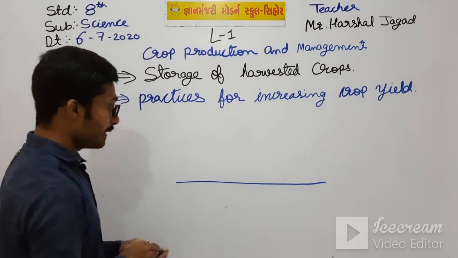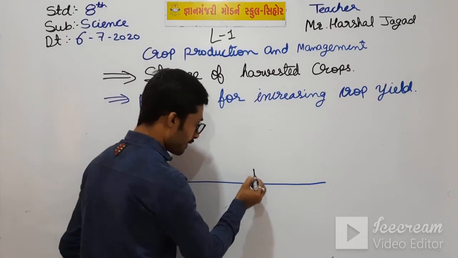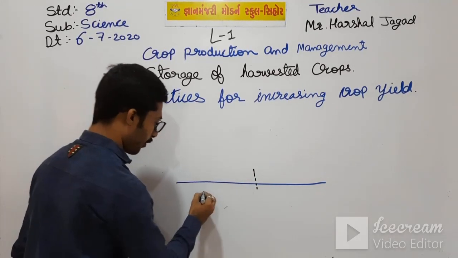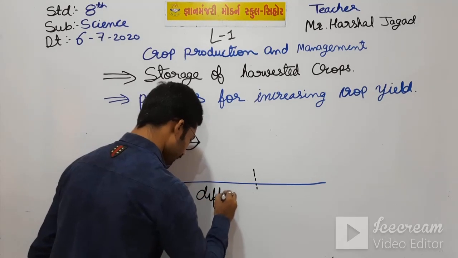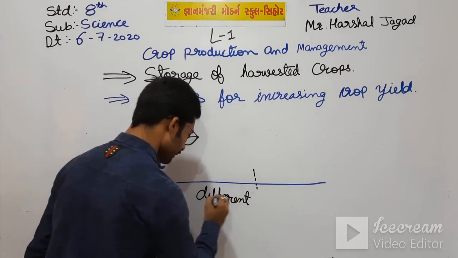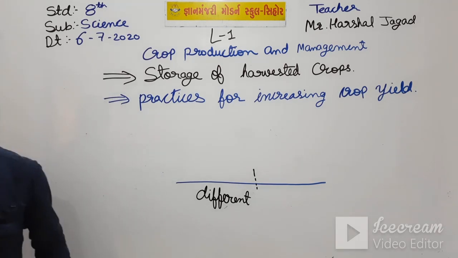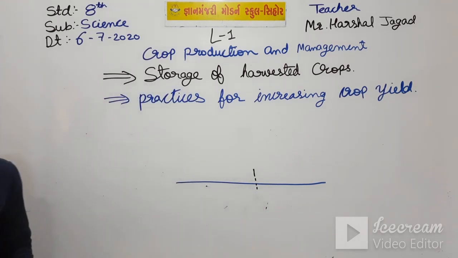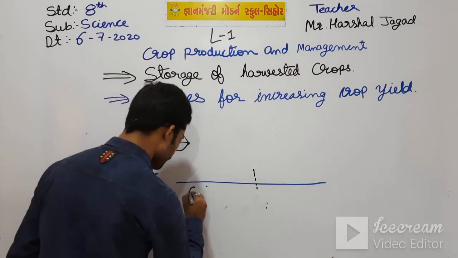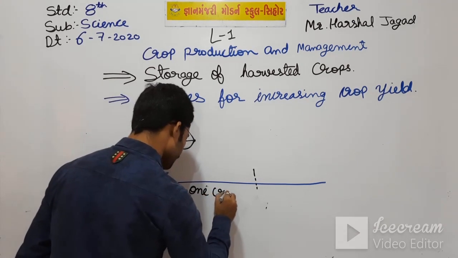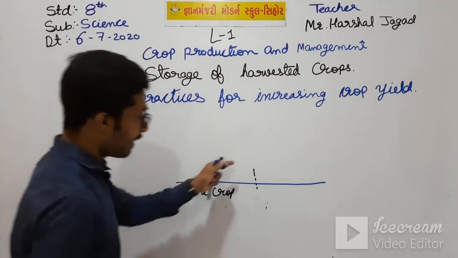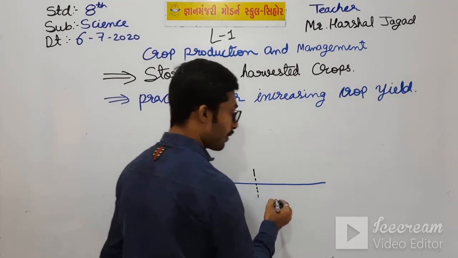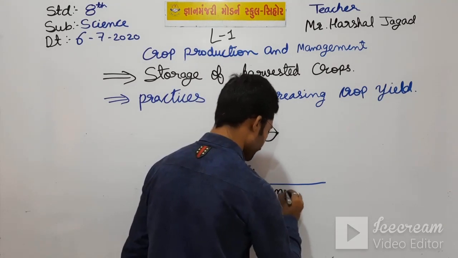In half of its land, it grows one crop, and in the second half, it will grow another crop.